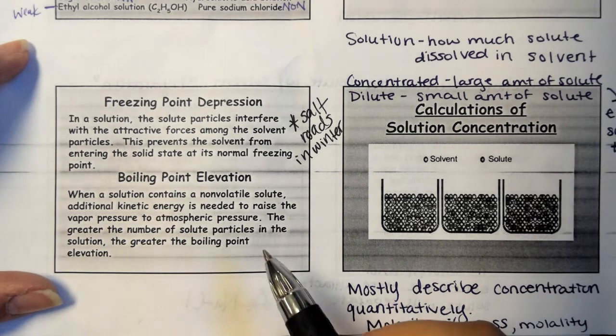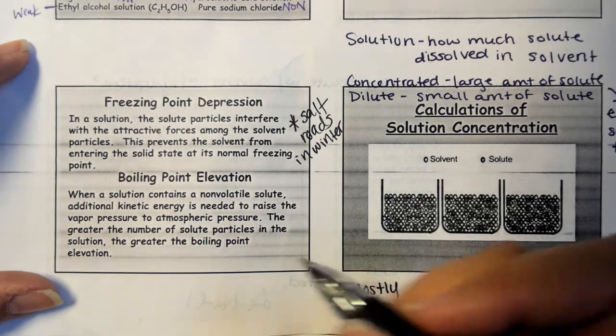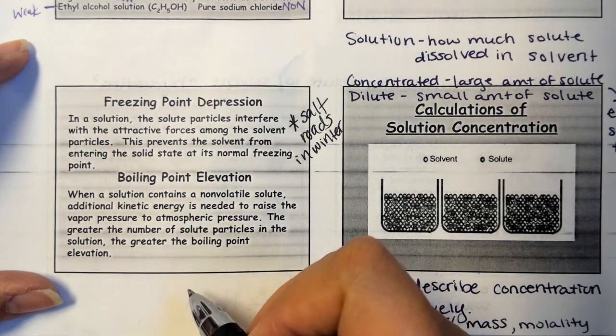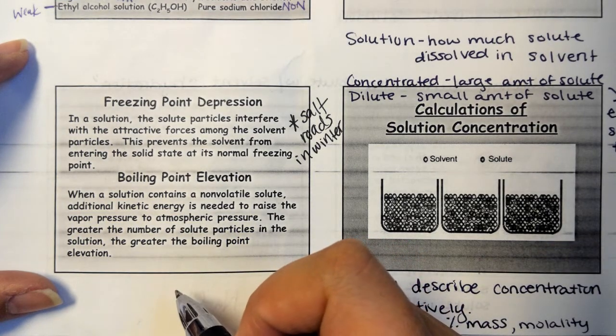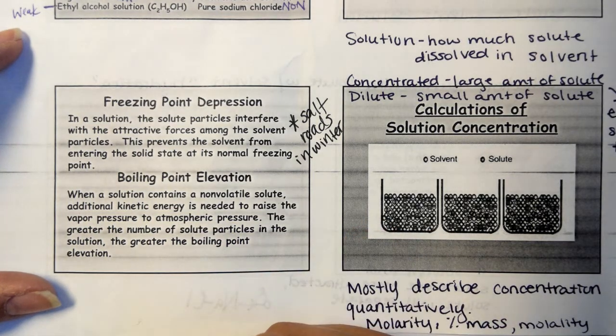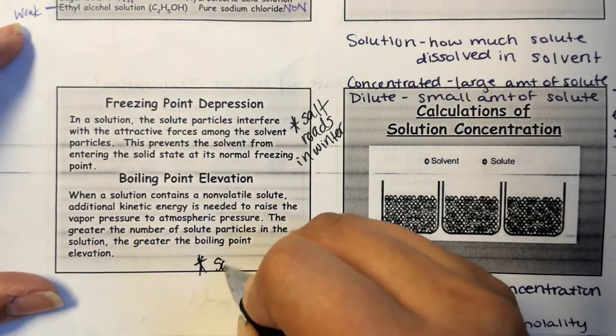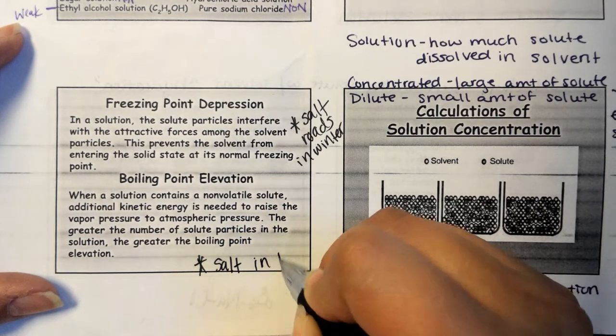Then we have boiling point elevation, and this is when a solution contains non-volatile solutes. Additional kinetic energy is needed so that our vapor pressure and atmospheric pressure can come together, and the greater the number of solute particles in the solution, the higher the boiling point elevation. We always like to use the example of salt in boiling water.